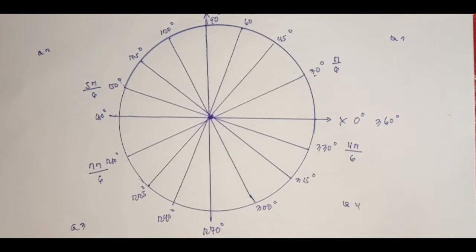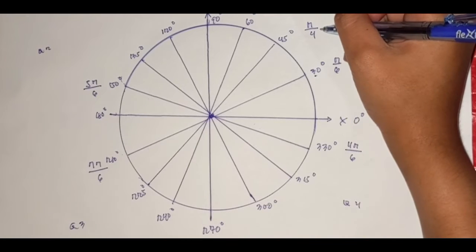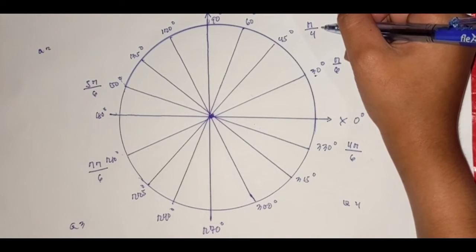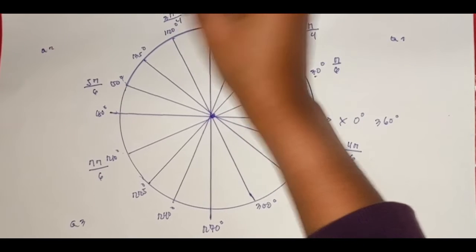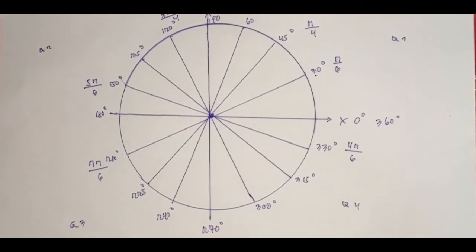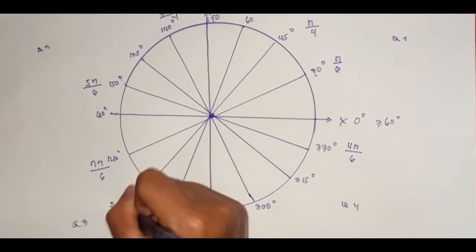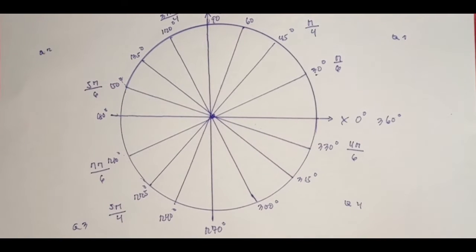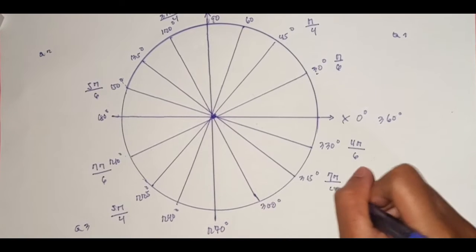Now next is 45 degrees. 45 degrees is the same as pi over 4. 135 degrees is 3 pi over 4, 225 degrees is 5 pi over 4, and 315 degrees is 7 pi over 4.